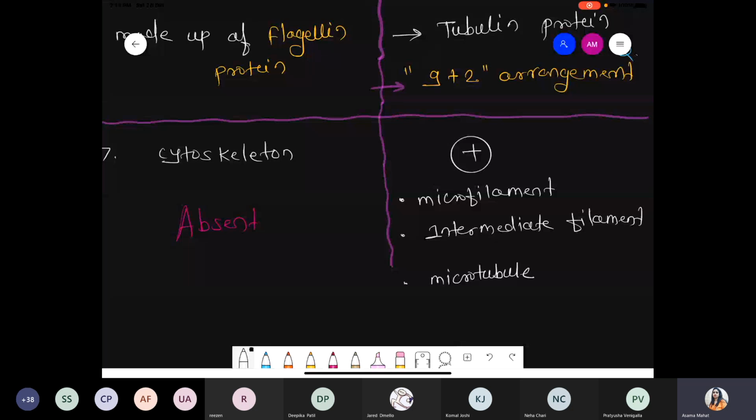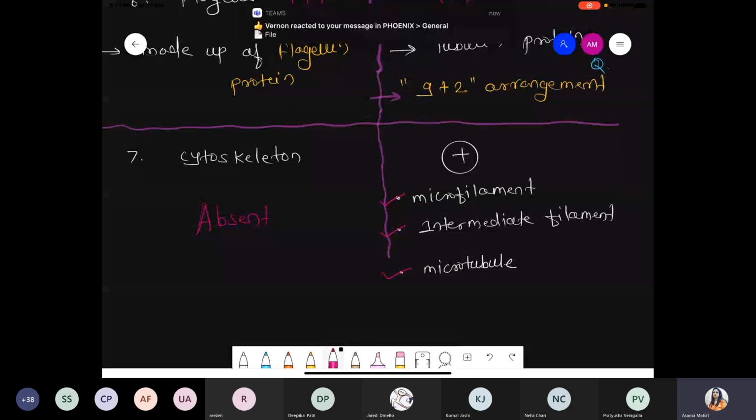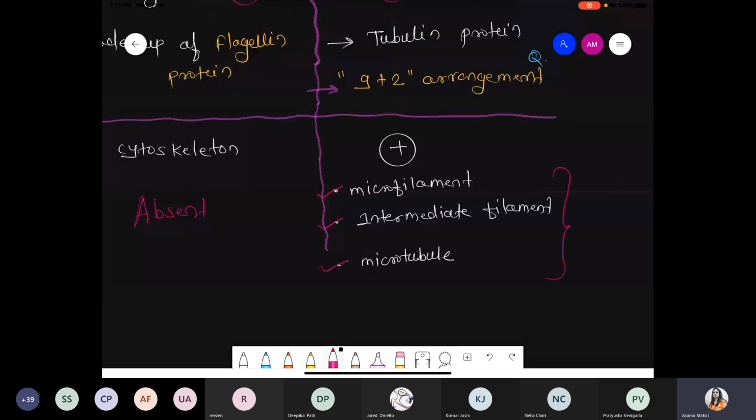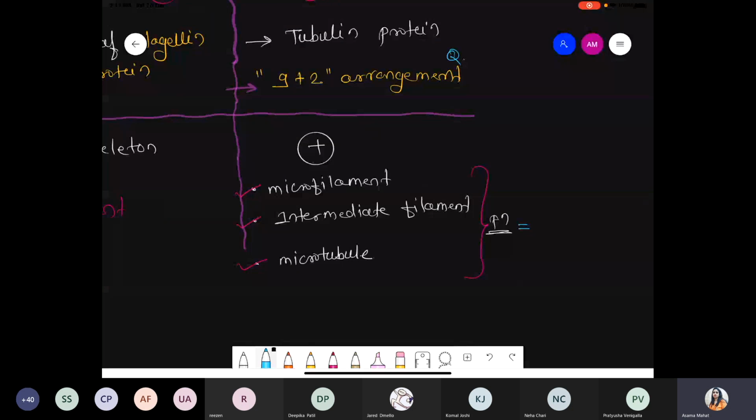So three types: microfilament, intermediate filament, and microtubules. Each has different functions, but one common function is that they provide support to the cell. We'll discuss that part later.